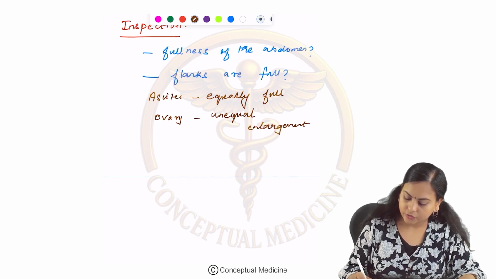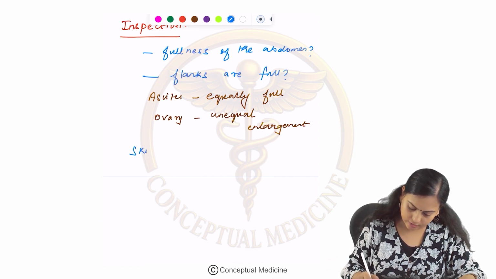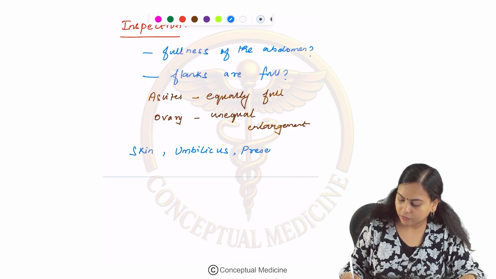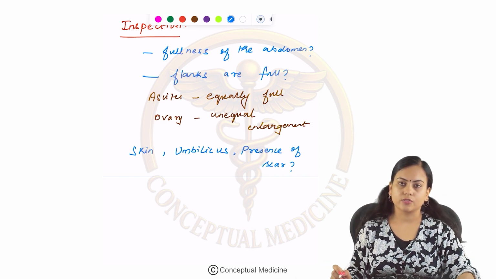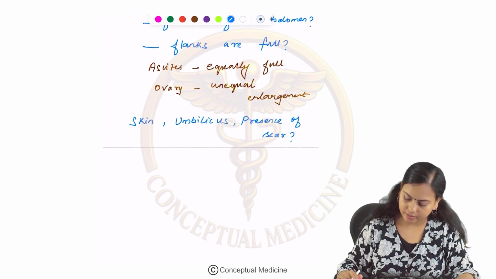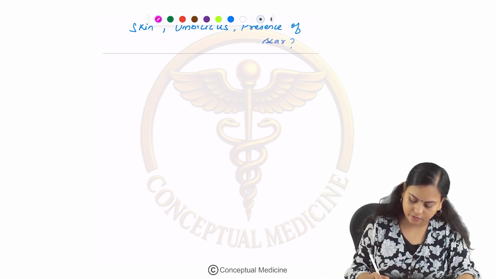You also have to have a look over the skin over the swelling. What about the umbilicus position, as well as you have to check for the presence of a scar also. Clear? Right.